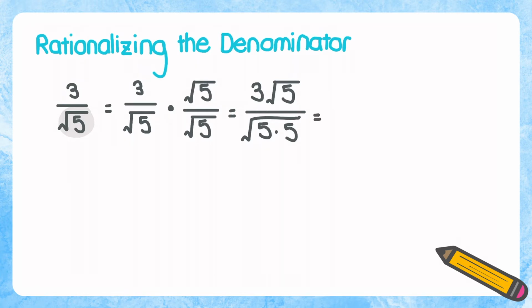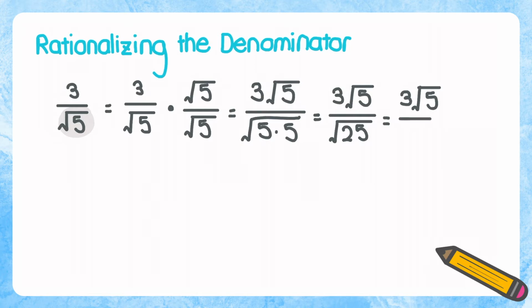And I can further simplify this. Numerator just stays the same. The bottom, 5 times 5 is 25, so I have the square root of 25. Notice that 25 is a perfect square, so I end with 3 square root of 5 over 5.